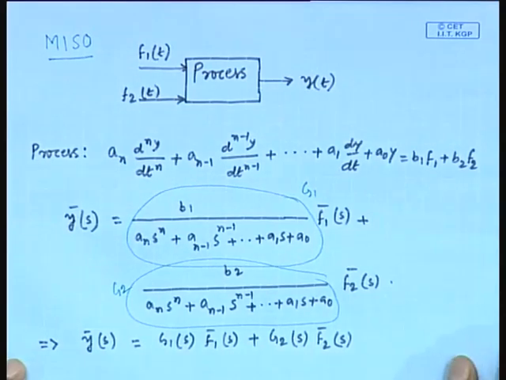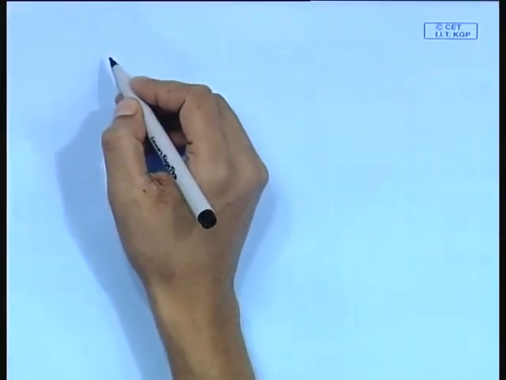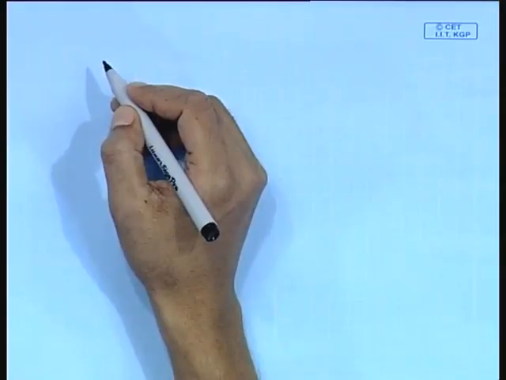In the next step we need to develop the block diagram. What will be the block diagram of this system? We basically have two transfer functions, one is G_1, another one is G_2. Two inputs in Laplace domain, one is f_1(s), another one is f_2(s), and a single output, that is y(s).